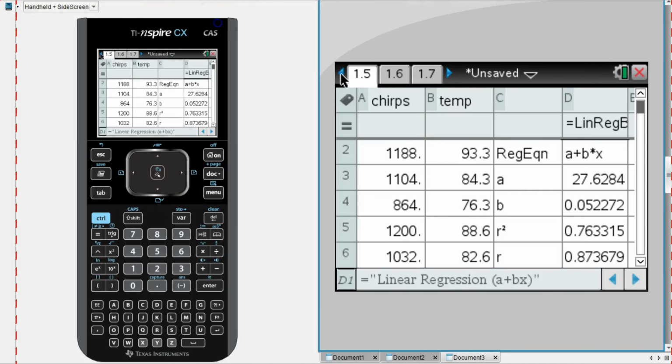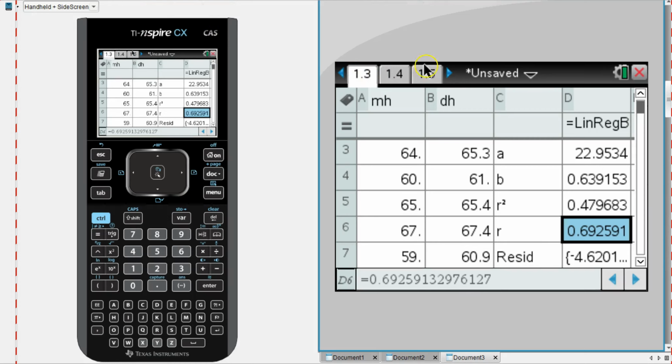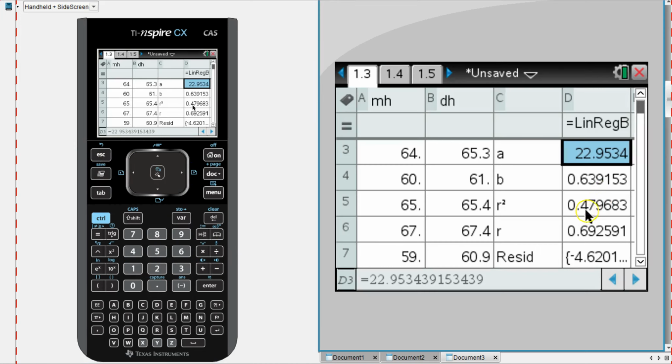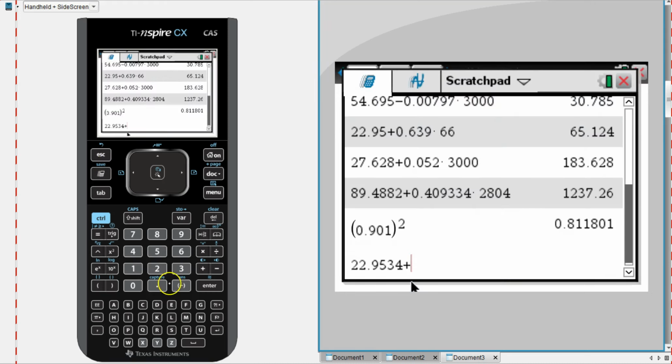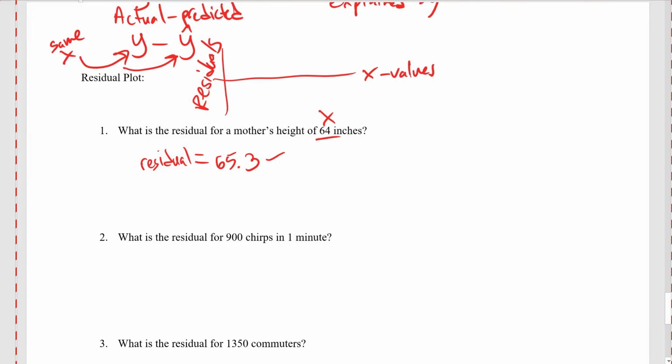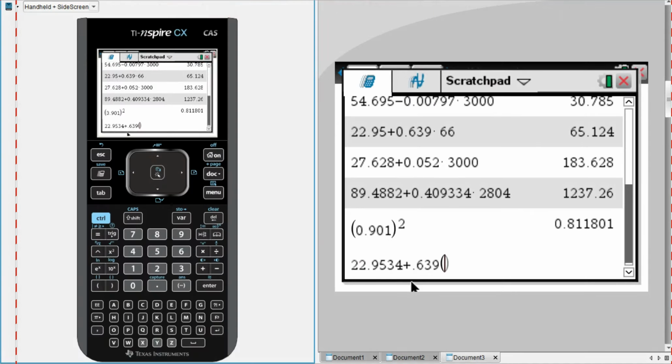Mother's height, here was our equation, 22.9534 plus 0.639, it's fine, times, what's the x? Well, we predicted at 64 inches.